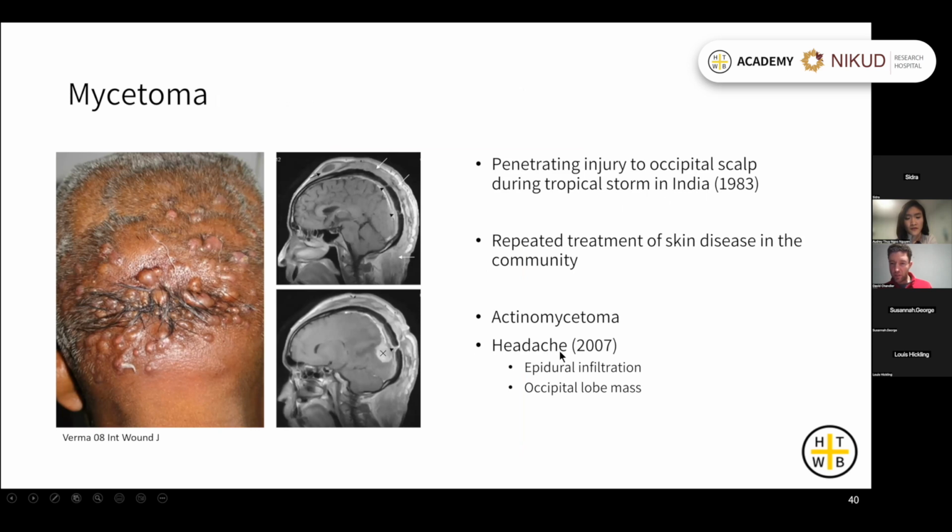But at this time, he'd also developed headaches, and MRI scans showed epidural infiltration, and actually a mass in the occipital lobe. At the time that case was published, the patient was still alive and being treated. He'd had surgery and ongoing antibiotic treatment, but you can imagine the prognosis is not good in that case.